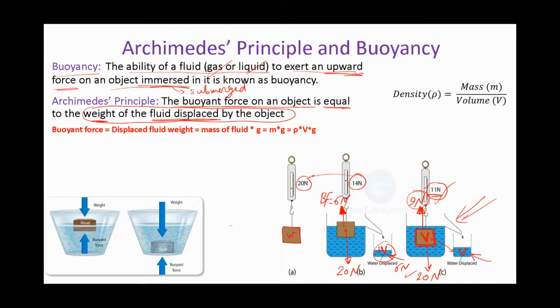That's what Archimedes found. Doctor, I have a question. Yes. Is there a buoyant force in the air? Yes. We said the buoyant force is for gas or liquid. We will discuss that when we discuss the gases. You will find that the balloon is a good example for buoyancy.